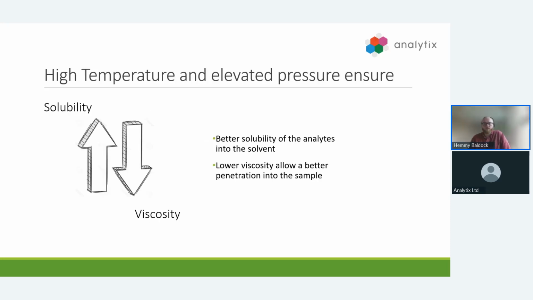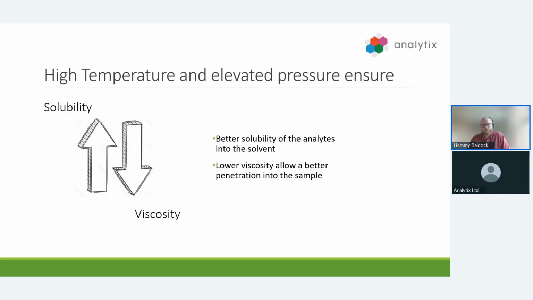So when you're extracting with a solvent at these higher temperatures and elevated pressures, there are two fundamental advantages. Firstly, you'll have better solubility of your analytes into the solvent. For example, let's take anthracene, a small PAH compound. This is 15 times more soluble in DCM at 150 degrees versus at 50 degrees.